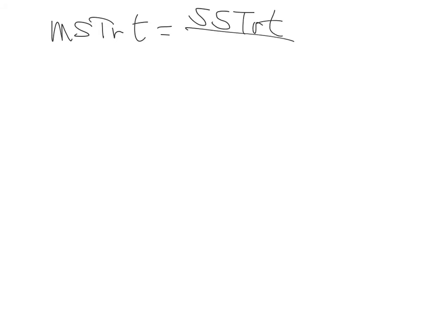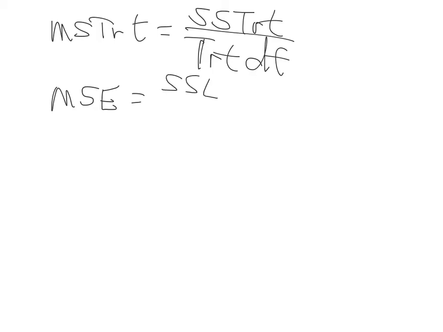So to get the mean squared treatment is sum of squares treatment divided by treatment degrees of freedom. Simple as that. Similarly, mean square error is sum of squares error divided by error degrees of freedom.